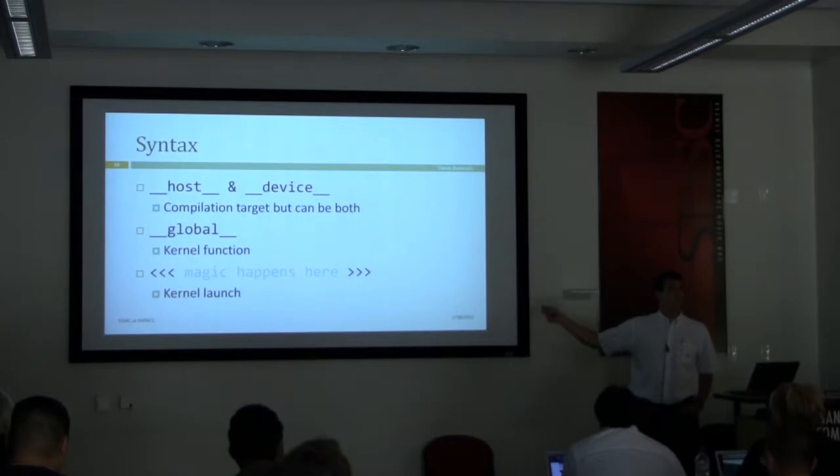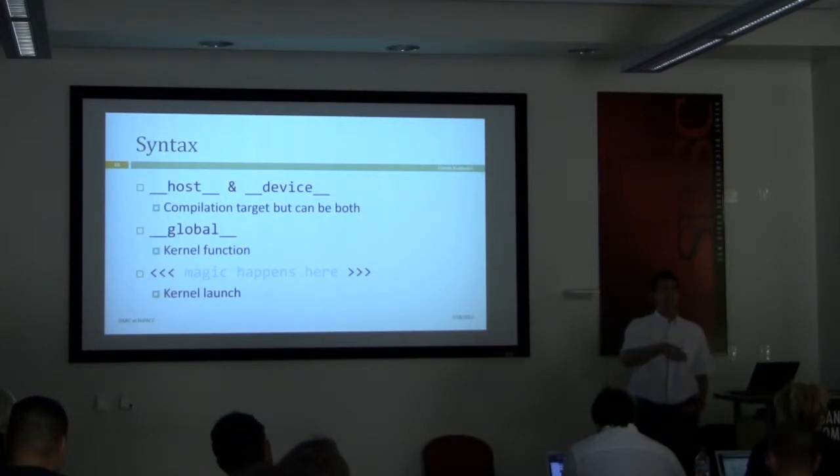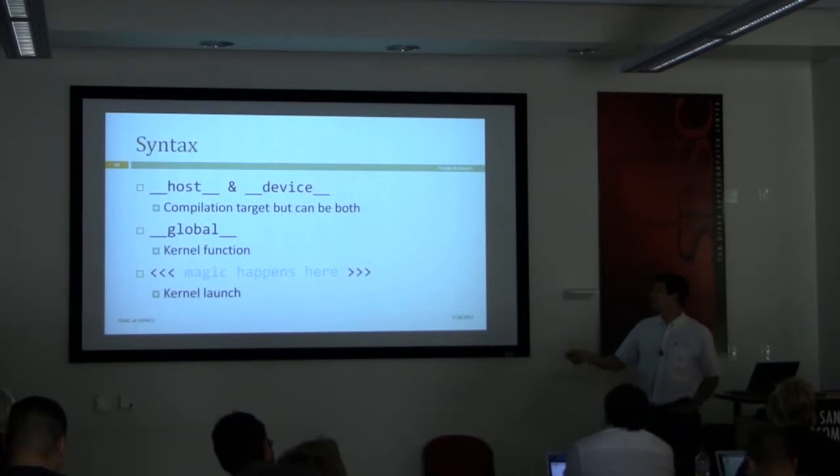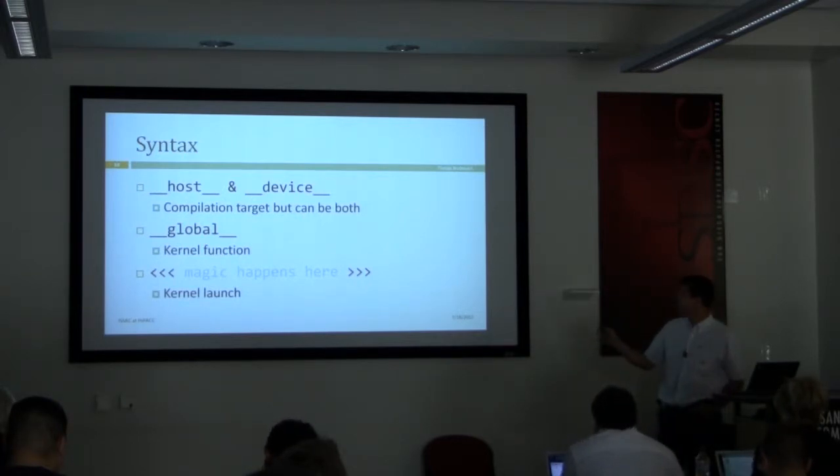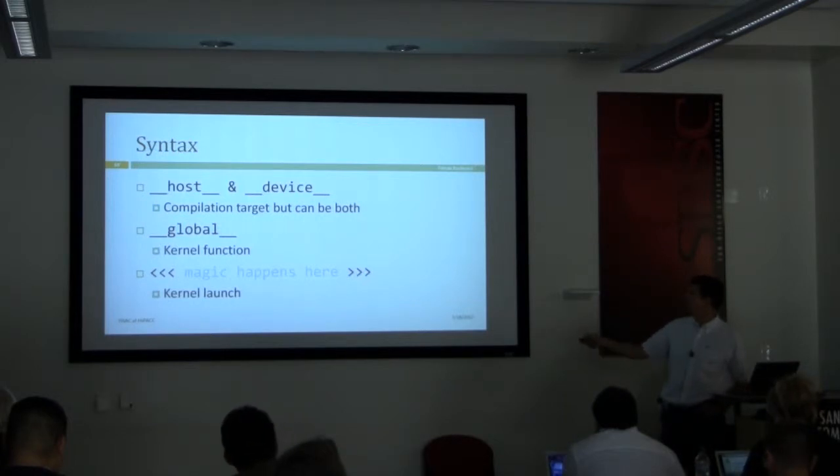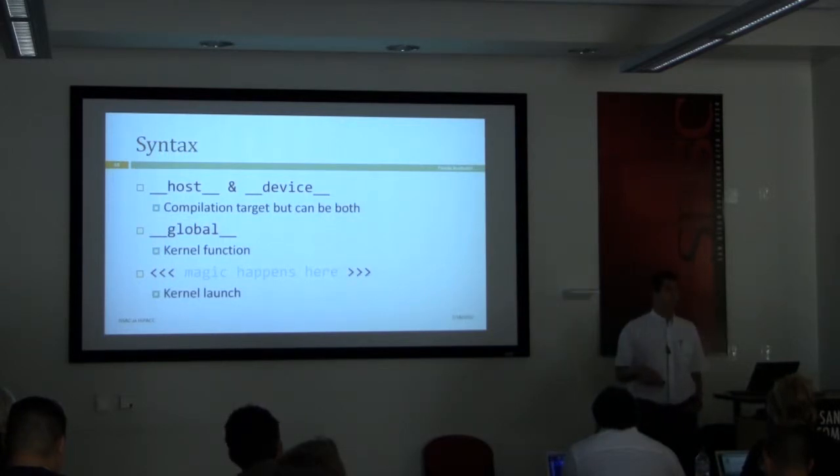Now, you can mix these. You can have a piece of code, the same C function that's compiled for the CPU as well as the GPU. Okay, these are two separate binaries that get run on separate devices. Okay, and then there is the kernel launch, for which there is a special construct in this new language, in this C for CUDA language, if you like, that simplifies essentially all the magic that happens in the background launching the kernel.